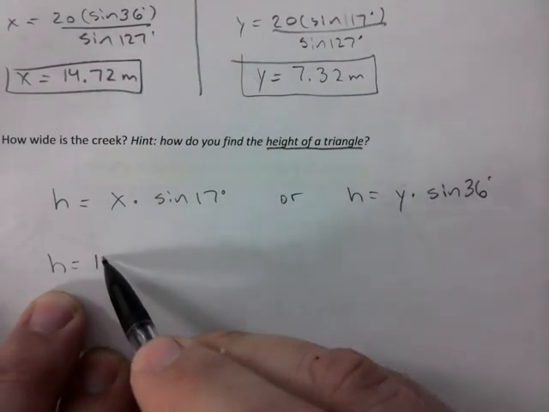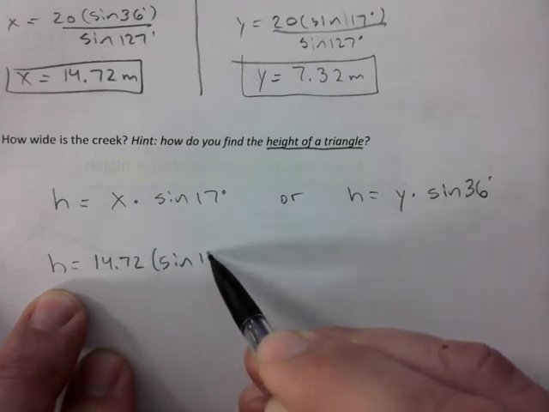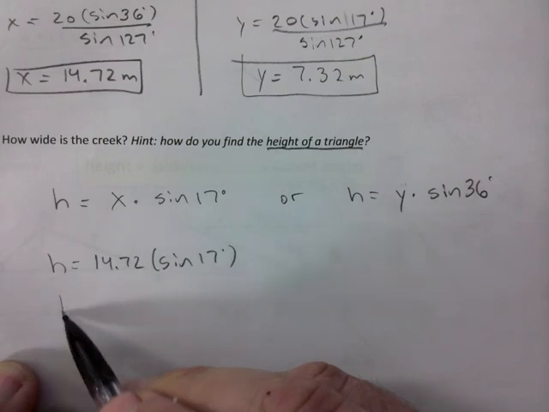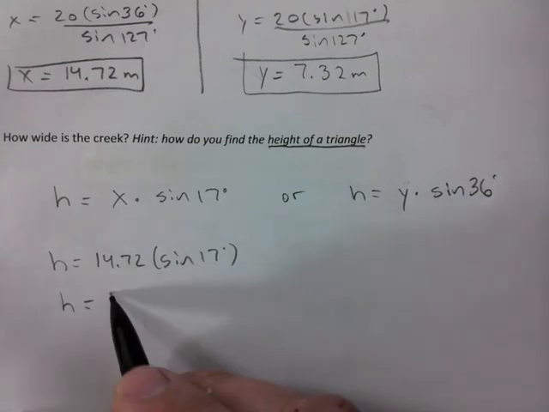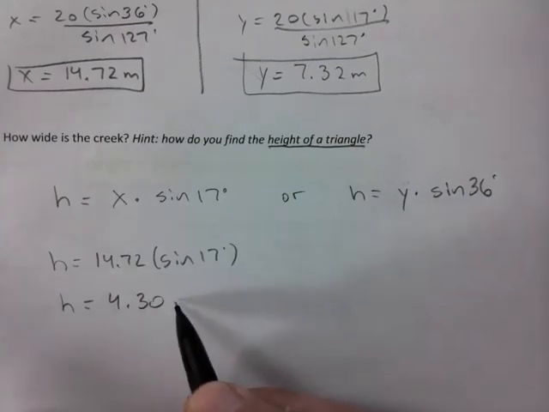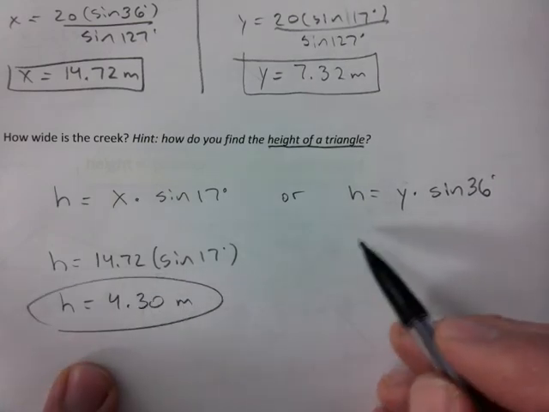If you're using x, then it's 14.72 times sine of 17. And if we did it right, we should get very close to the same answer. This is 4.30 meters.